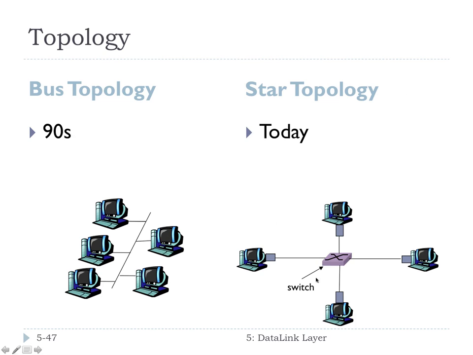Today, the networks really look like this star topology. They use a switch instead of a hub. The switch in the center is, you can imagine there are spokes coming off of it. What happens inside the switch may actually be a hub, may actually be a bus.